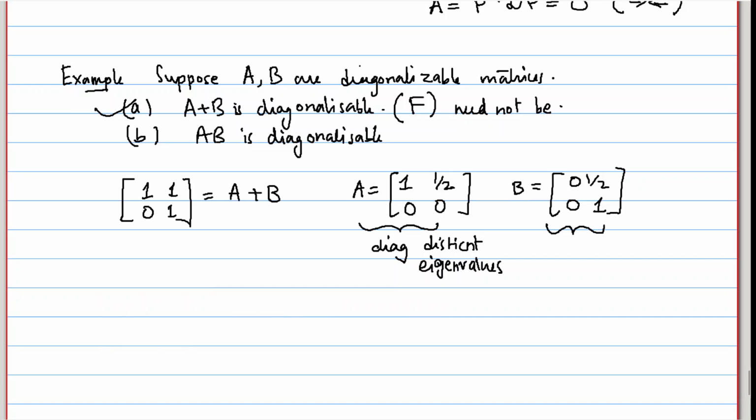We'll use the same tactic. We'll construct A and B such that A plus B ends up like this. And we want to create A and B so that the diagonal elements are distinct.